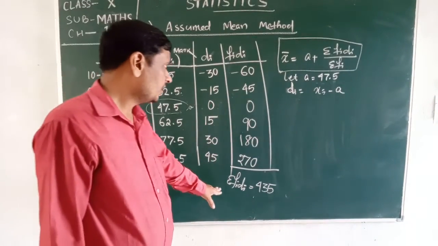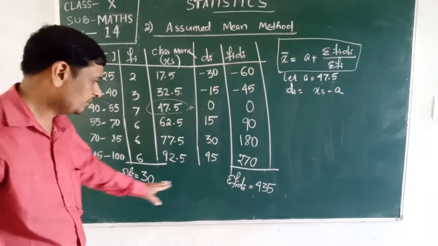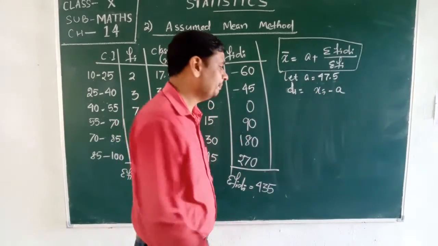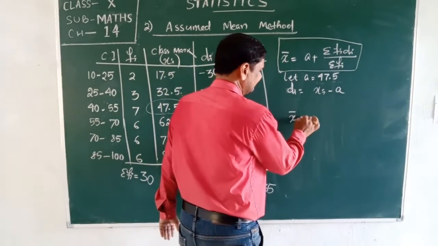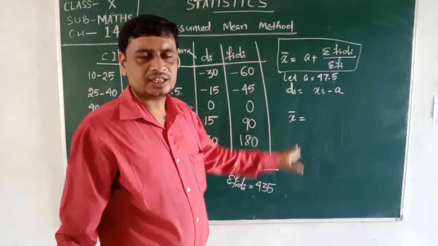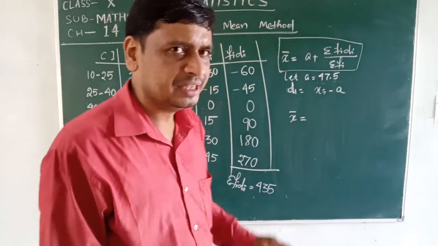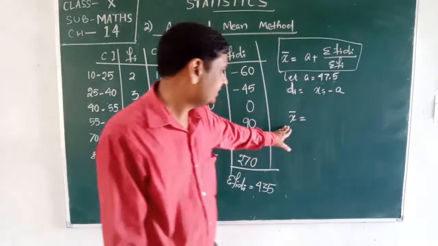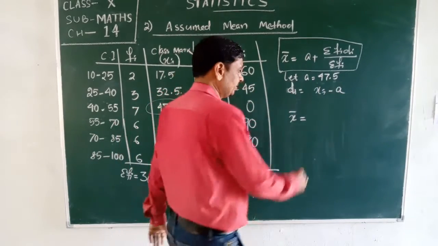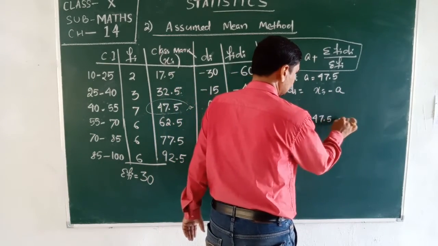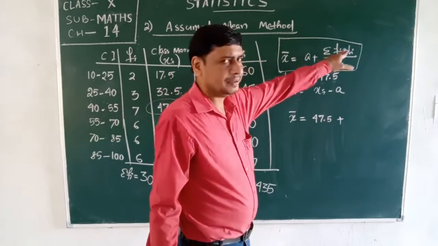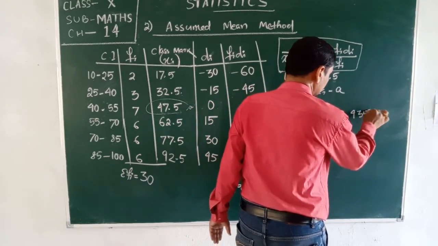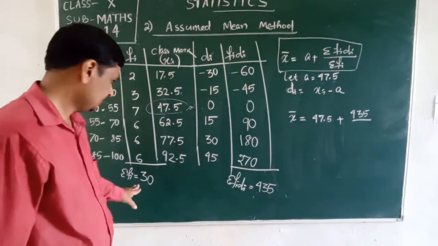Here we got all the values: sum of FiDi, sum of Fi, and the value of A. Now we can put them in to find the mean. So X bar denotes the mean of the data, the mean of all the observations given in the data. X bar is A plus the sum of FiDi, that is 435, divided by the sum of Fi, that is 30.